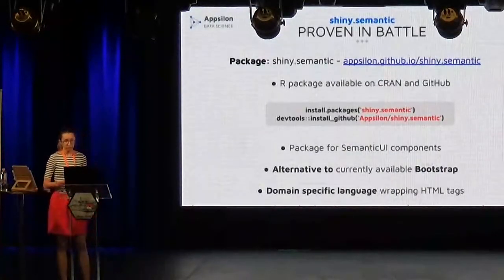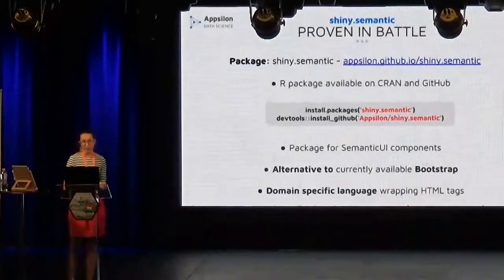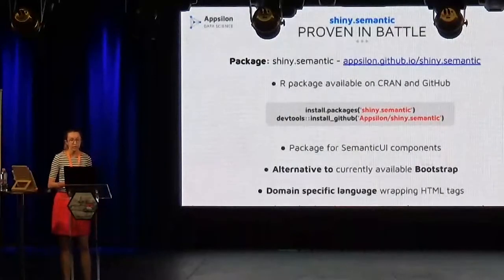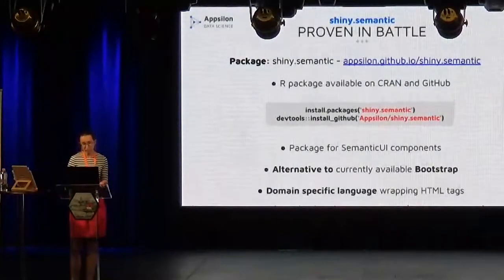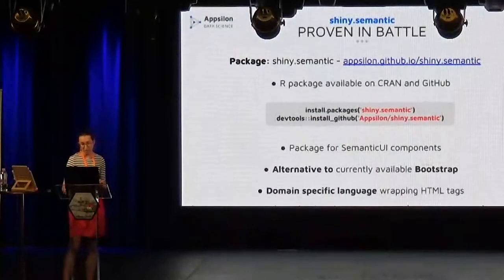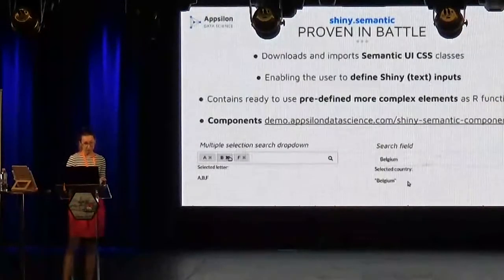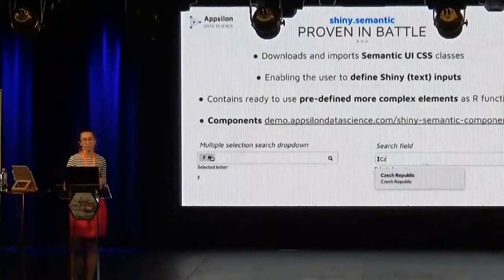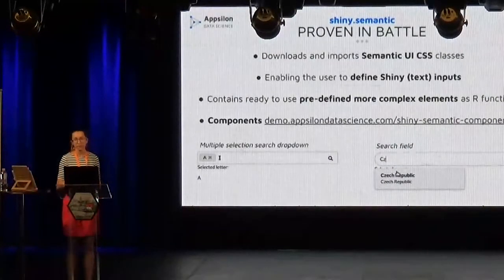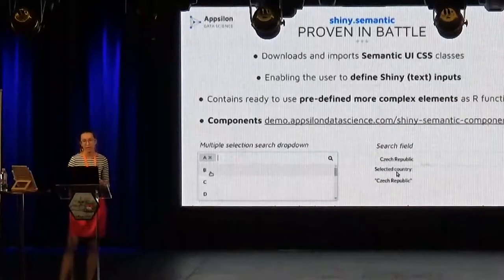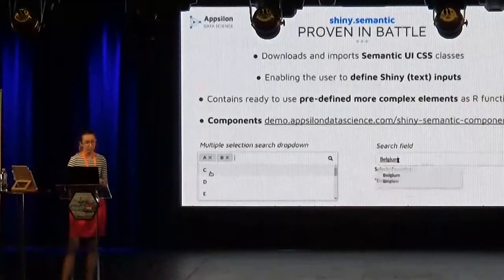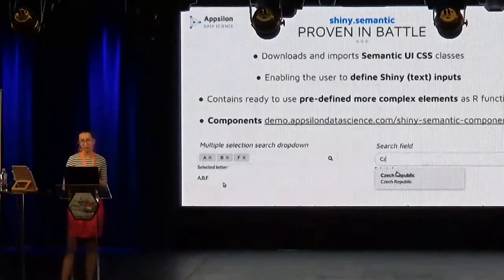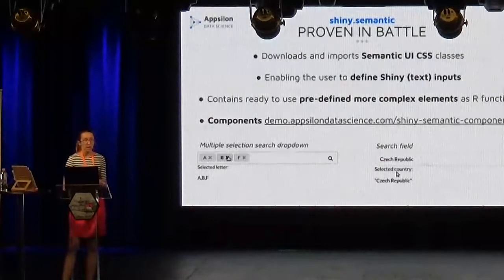And the Shiny Semantic package is basically a DSL, a domain-specific language, which is wrapping the HTML tags. It allows you to download and import the Semantic UI CSS classes in R. It's enabling the user to define Shiny inputs and Shiny text inputs.